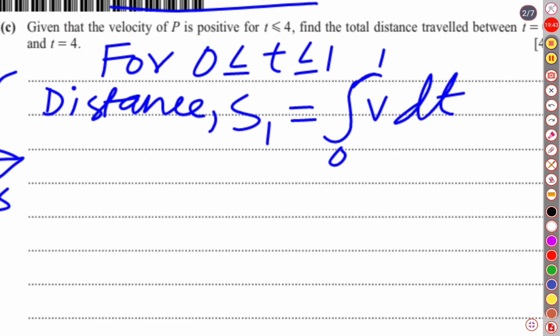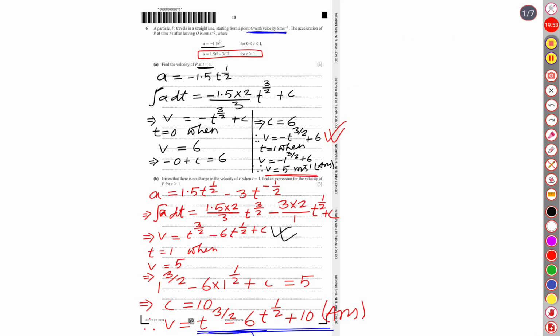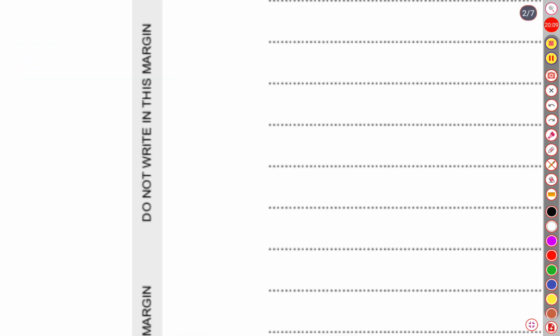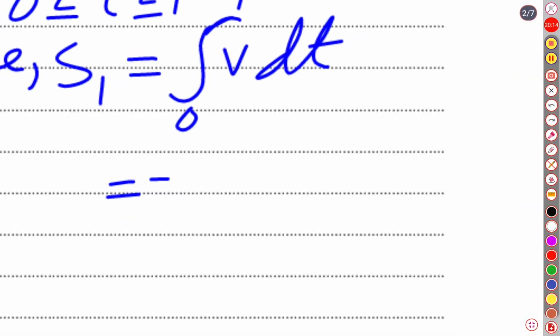So what is the expression of velocity? Expression for the first phase, let us have a look at this. First expression was this one: negative t raised to 3 over 2 plus 6.